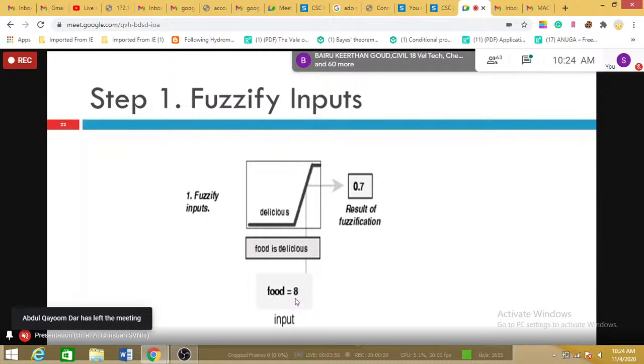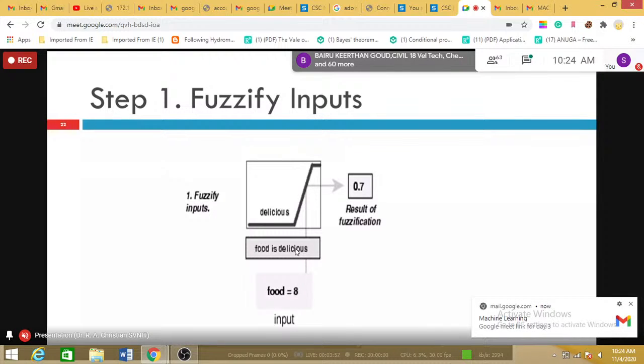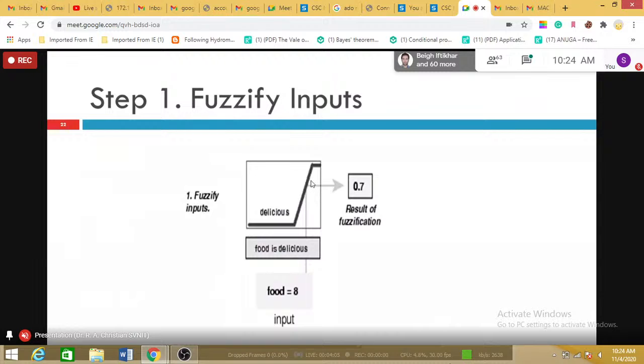So food, if I give rating 8, food is delicious, I give it rating 8 out of 0 to 10. Then my belongingness would be somewhere around fuzzification. Fuzzified value of 8 would be somewhere around 0.7. Okay, this is the set which I have already defined as a decision maker. I have already defined. We don't actually do this, but I'm trying to explain how the fuzzy system works.